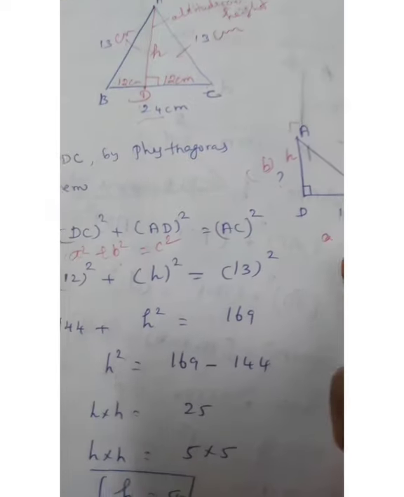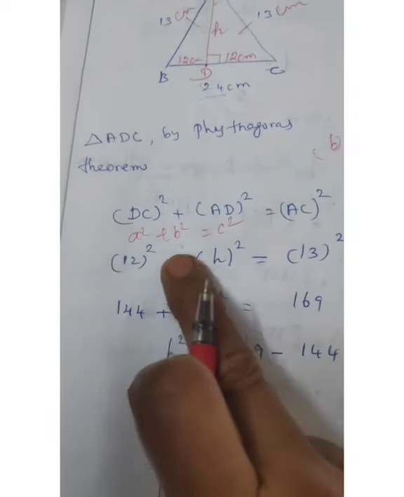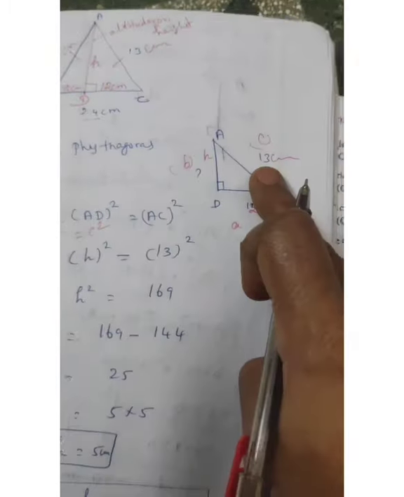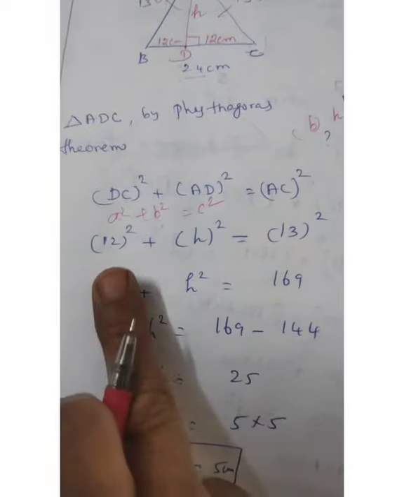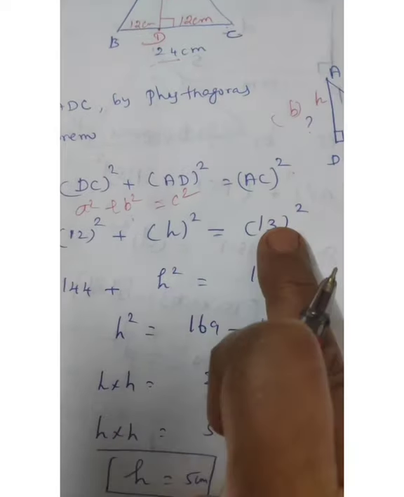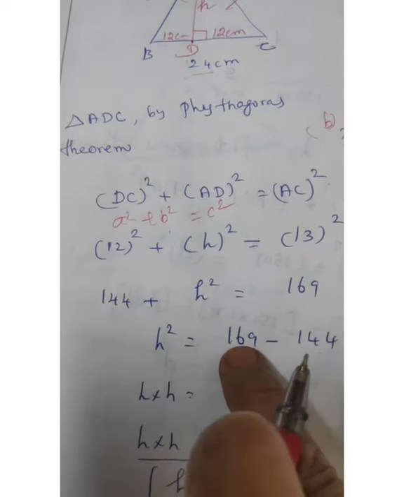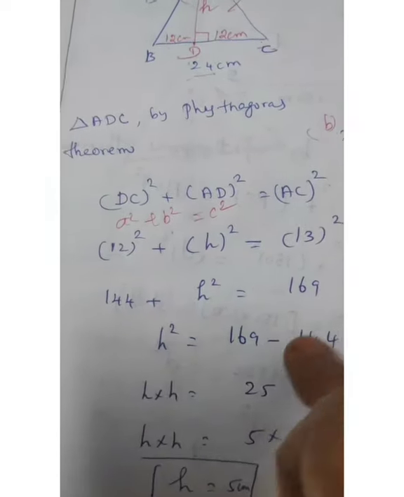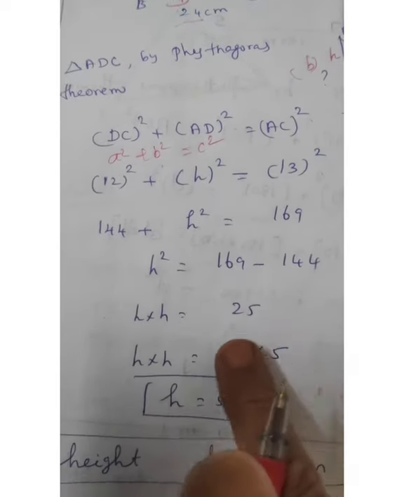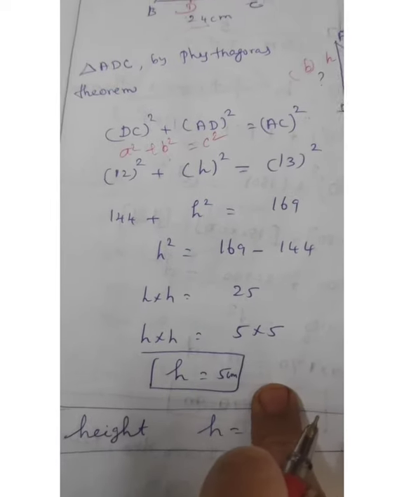A equals 12 centimeters, so 12 squared plus H squared equals 13 squared. 12 times 12 is 144, plus H squared equals 169. H squared equals 169 minus 144, which is 25. H equals 5 centimeters.